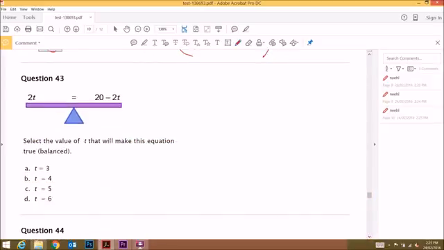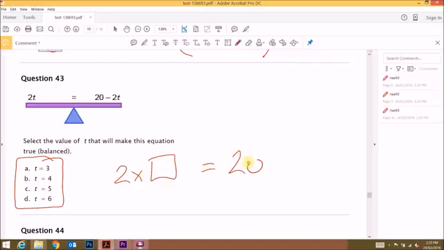Here we've got a balance scale. Select the value of t that will make this equation true. Here are my 4 options. Remember to use your multiple choice, and you can basically guess and check with this one. So 2 times something is going to equal 20 take away 2 times something.